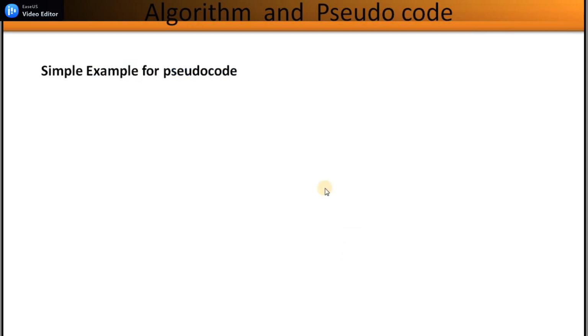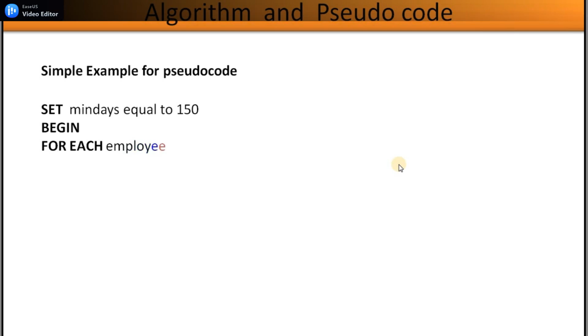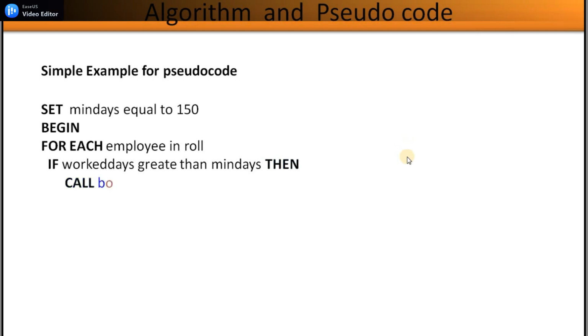Now we can see a simple example for pseudocode. In a factory, bonus is issued to employees. Set the minimum days equal to 150. Begin for each employee in your role. If worked days greater than minimum days, then call the function bonus amount with days and amount per day.